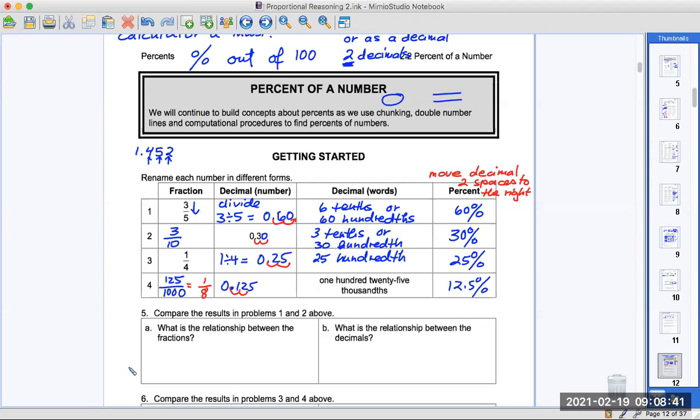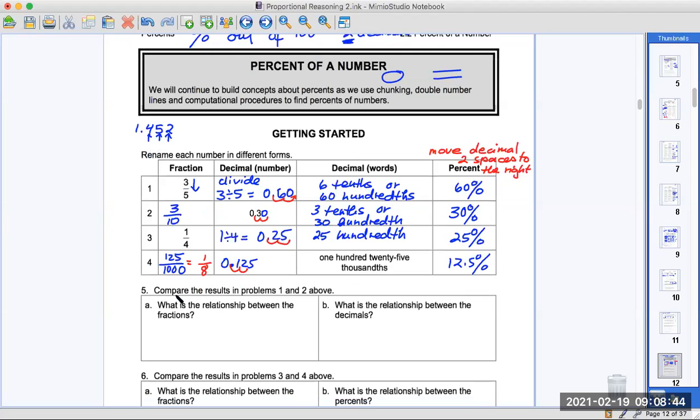Okay, so what is the relationship between fractions? Compare the results in problem 1 and 2 above. 1 and 2, it looks like 3/10 is half of 3/5. That's weird because 10 looks like it's twice as big, but you got 10 parts here and you only got 5 parts here.